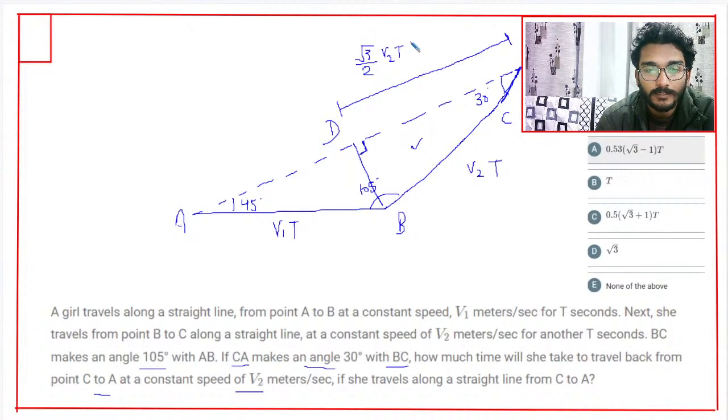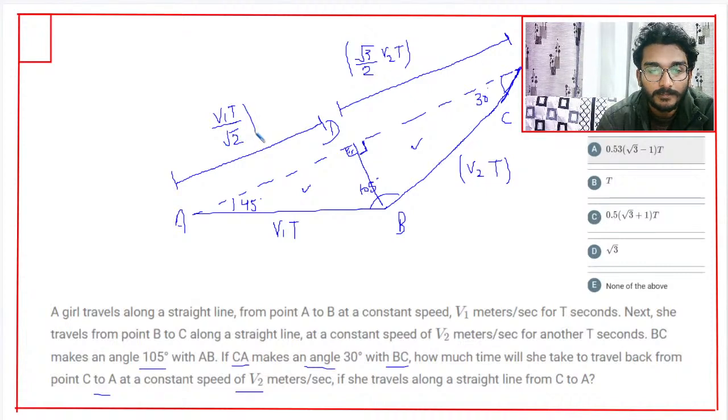So when I divide this base by the hypotenuse, I will get cos 30. Right? Similarly, I will apply trigonometry in this part. And here I am applying cos 45. This is 90. Cos 45 is base over hypotenuse. This is v1 by root 2, v1t by root 2.